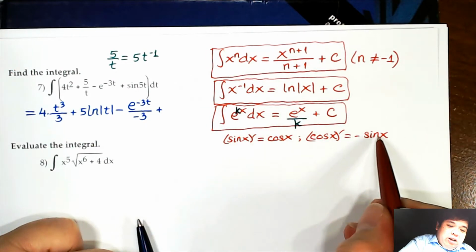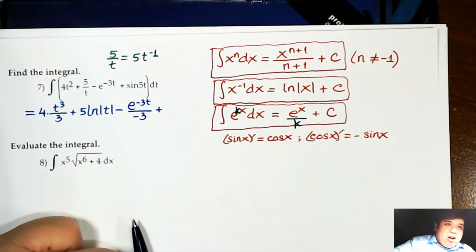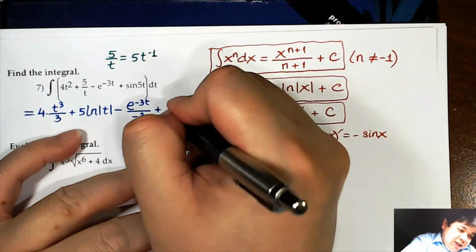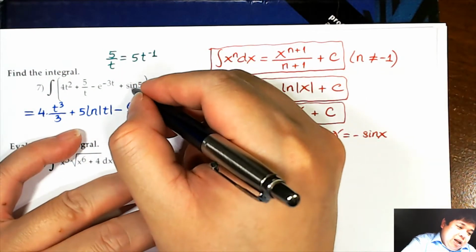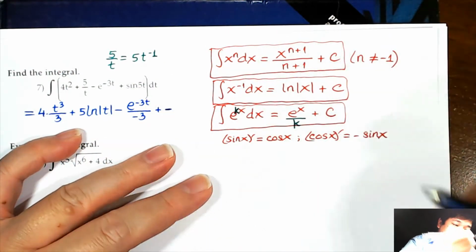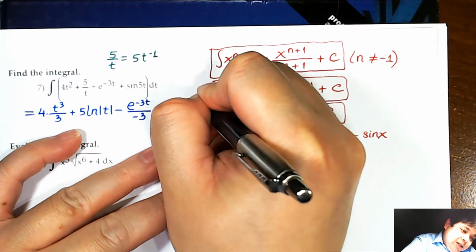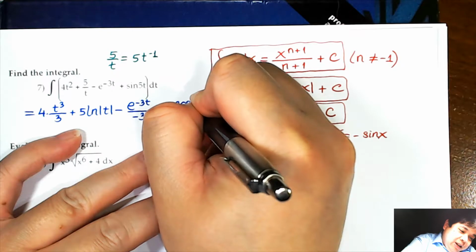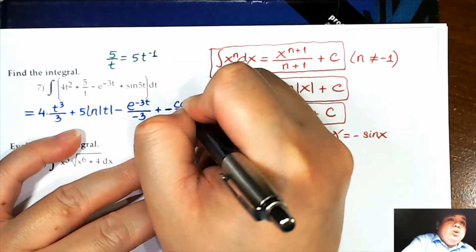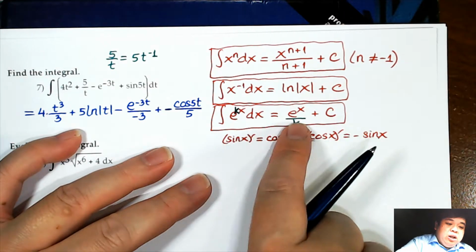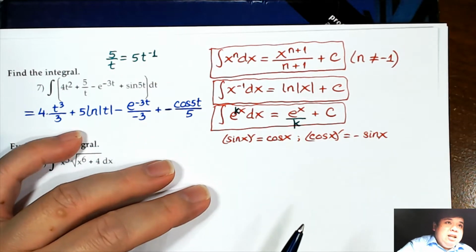So antiderivative of sine will be negative cosine x. So that will be negative sine of 5x. 5t will be cosine of 5t divided by 5. The reason we divide by 5 is the same reason we divide by k here.